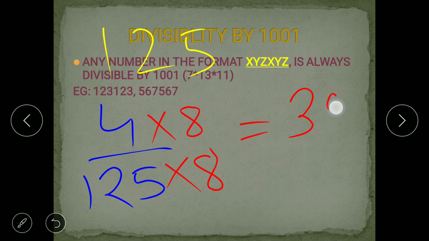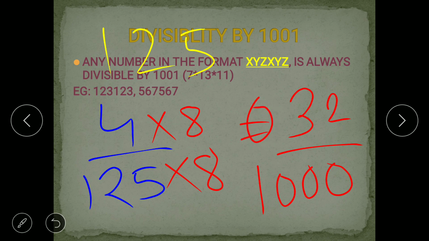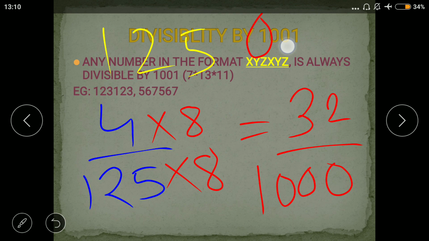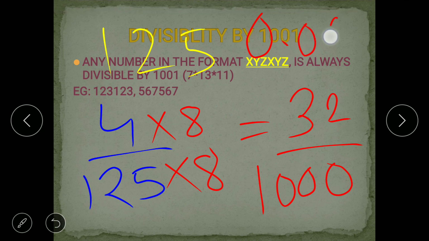You will get 32 by 1000. What is 32 by 1000? It's nothing but 0.032. Fine.